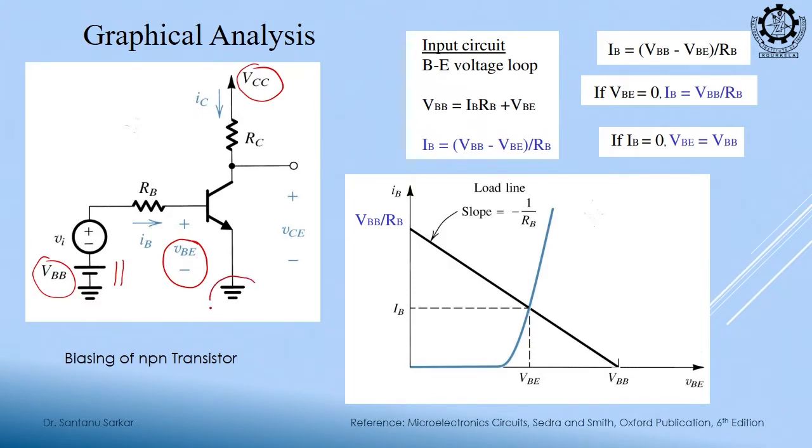Next is what? The emitter junction is connected to the lowest potential. So all these three are my DC connections, right. Then we will check: let us vary this base emitter voltage and plot the IB.